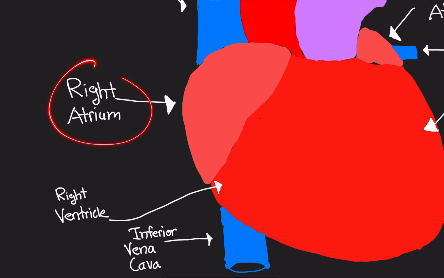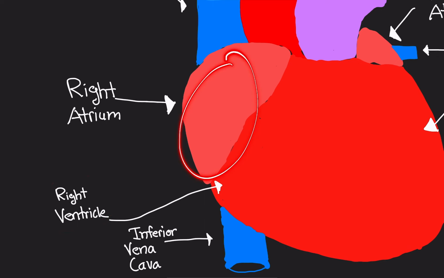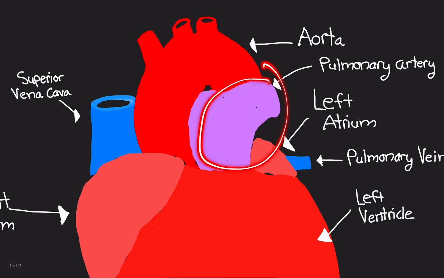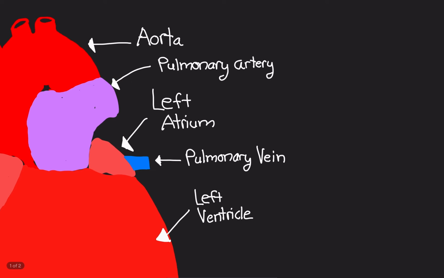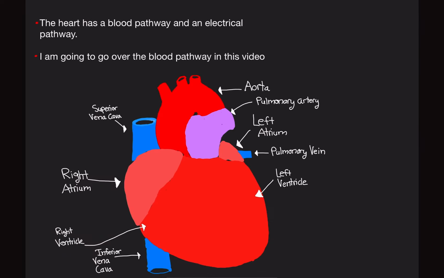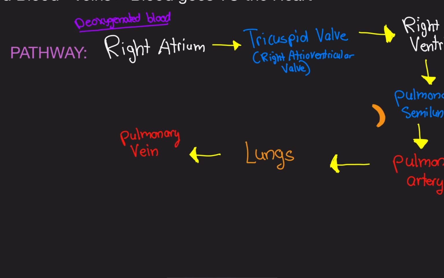We went to the right atrium, then to the right ventricle. Then we're going up into the pulmonary artery. We went to the lungs over here. Pretend it's the lungs here. And now we're going back into the heart in the pulmonary vein right here. So we're on the other side of the heart now, the left-hand side of the heart.